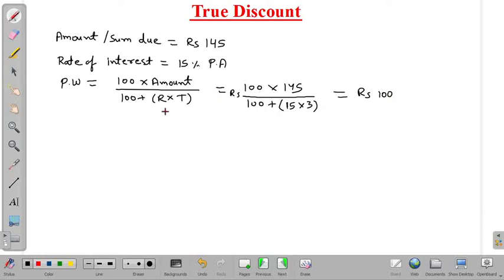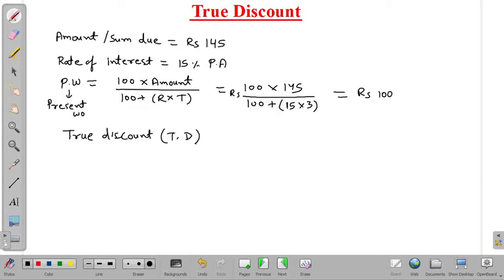Okay friends, so what is the formula of true discount? We denote true discount by TD, and PW is present worth.